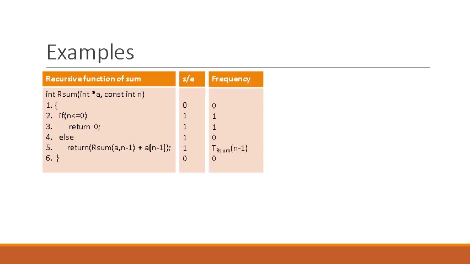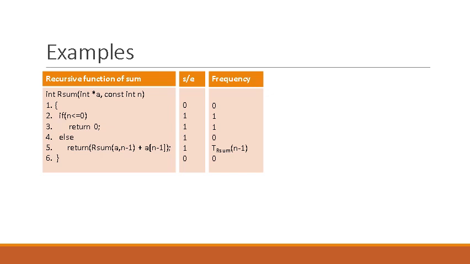So frequency for RSum: first, it will be 0 for the opening braces. Then for if n is less than 0, how many times is it going to execute that condition? It is going to check it one time. When it is true, it is going to execute that and then return will execute 1.